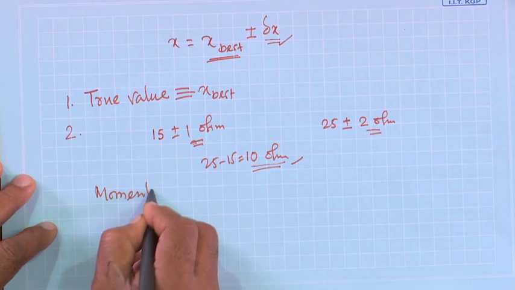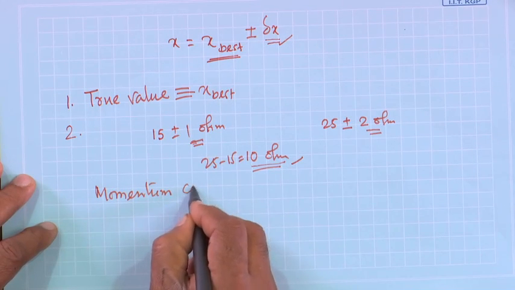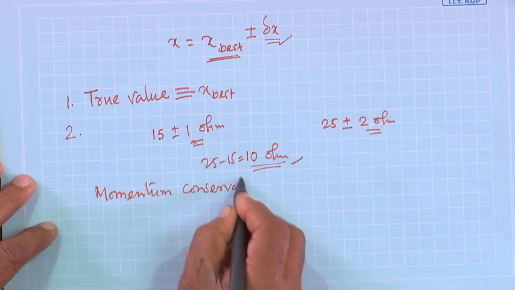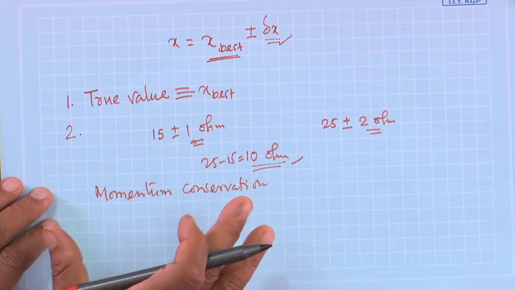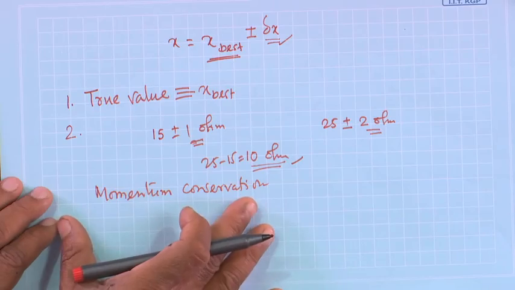So, suppose you are studying momentum conservation in an isolated system. Okay. So, in that case you have to measure the momentum. In this type of experiment you are basically verifying momentum conservation.